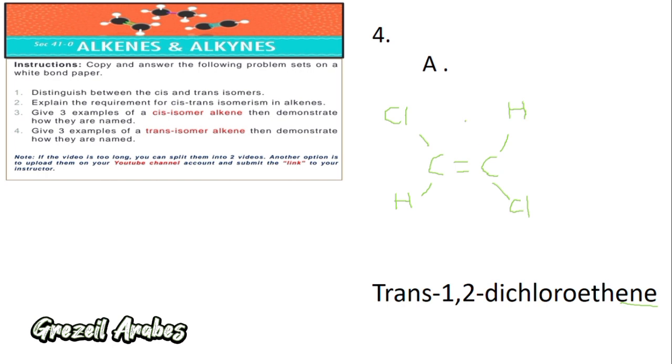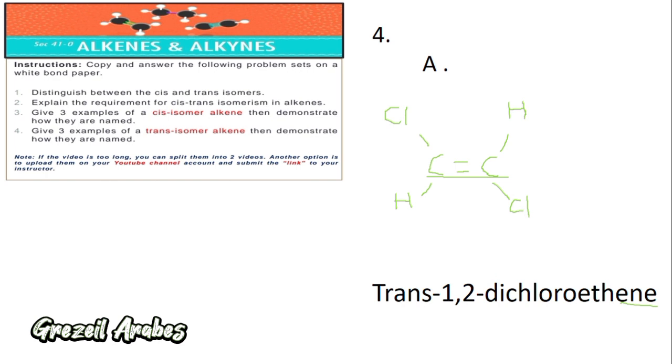So ma'am, see the double bond of the carbon. This is to prevent the rotation or to restrict the rotation. And then in number 3, the given there is on this side, the chlorine is here and the hydrogen is here.